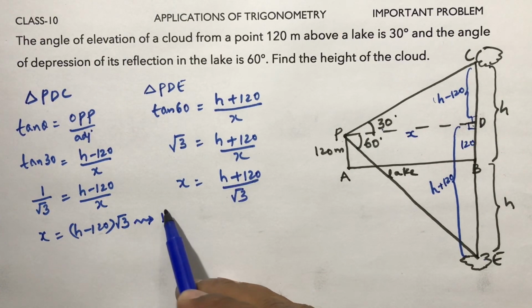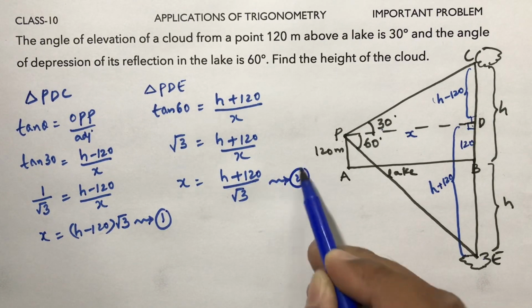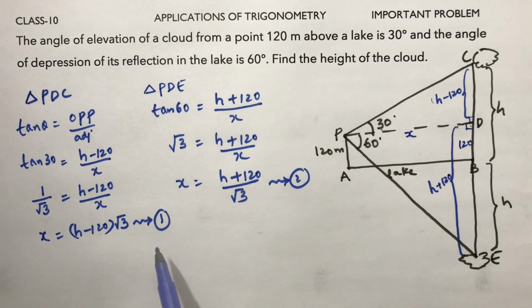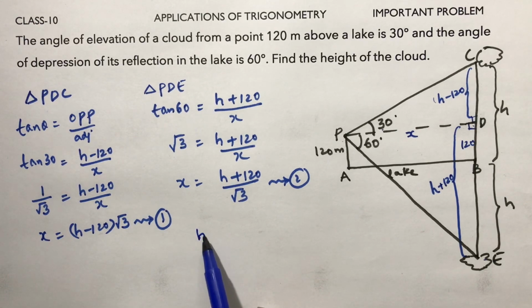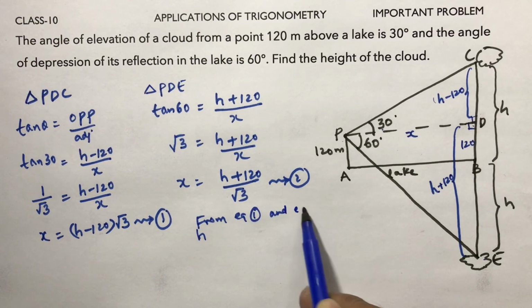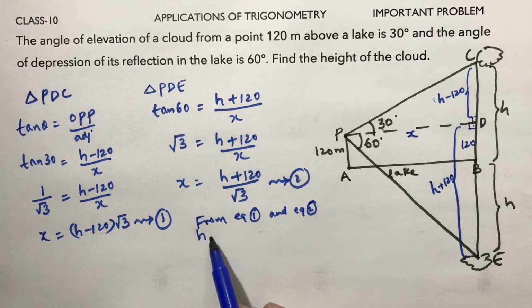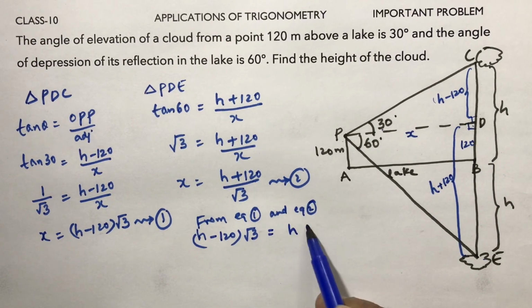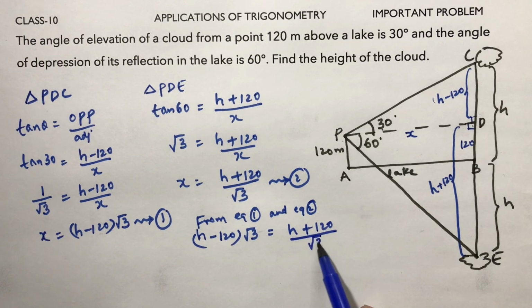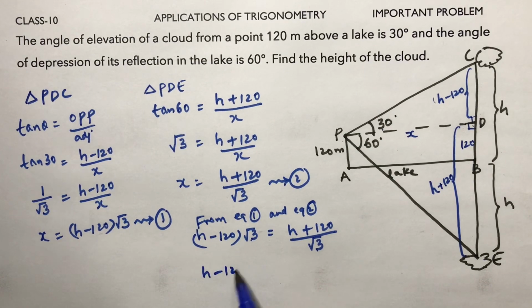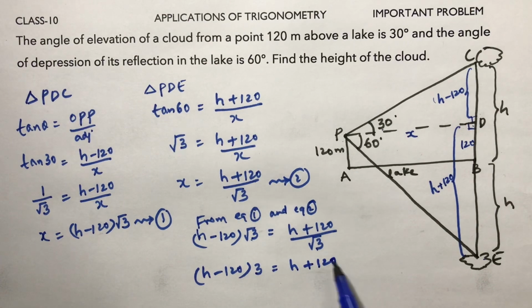This is equation 1 and this is equation 2. Both equations I wrote in terms of X. Now I can equate these two from 1 and 2. So (H minus 120) into root 3 equals (H plus 120) by root 3. If we transpose, root 3 into root 3 is 3. So (H minus 120) into 3 equals H plus 120.